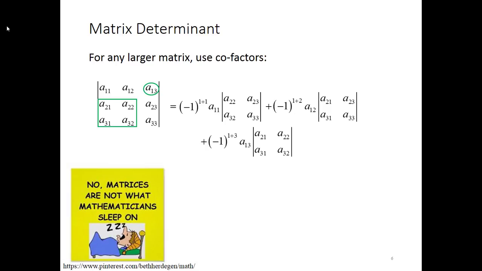That gives us a negative on the A12. And then the third term, A13, times its cofactor, A21, A22, A31, A32, is pre-multiplied by -1 to the 1 plus 3, so that's the 4th power. So that's a positive 1 as well.